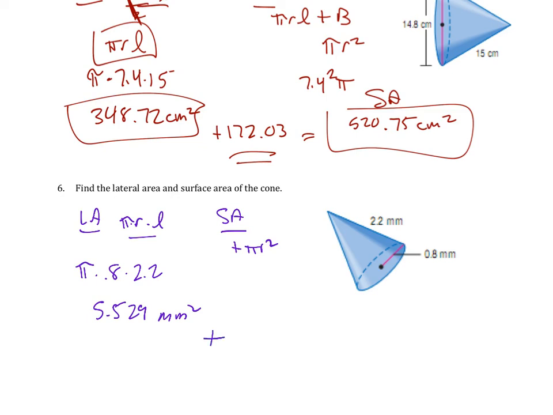So then I'm going to add 0.8 squared times pi. 2.011. That's going to be 7.54. So there's my surface area. There's my lateral area. Okay, that's what I'm trying to get you guys to do for 12.3.